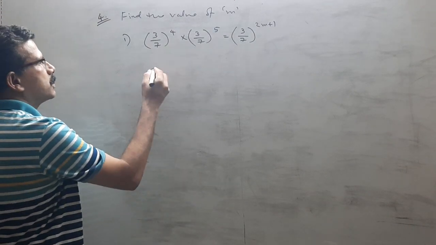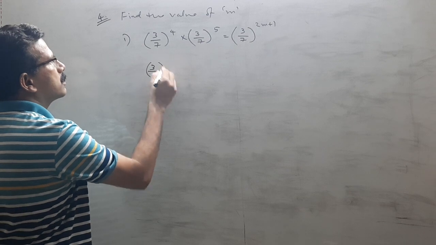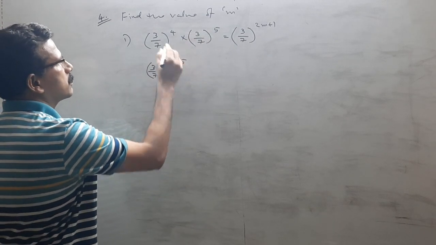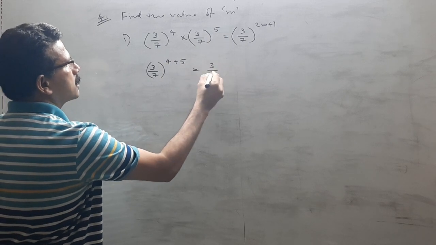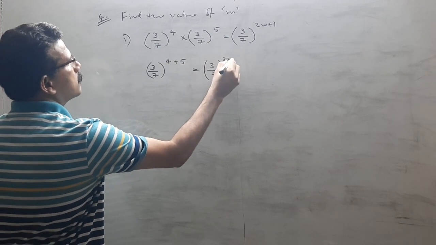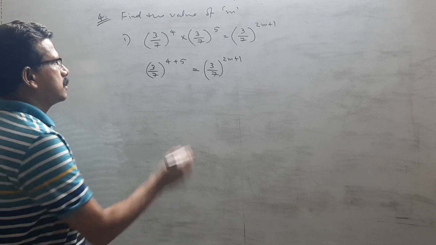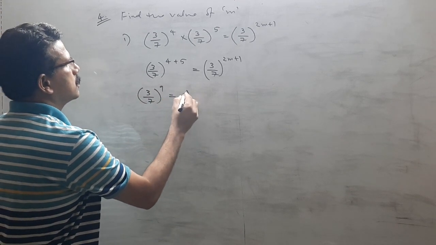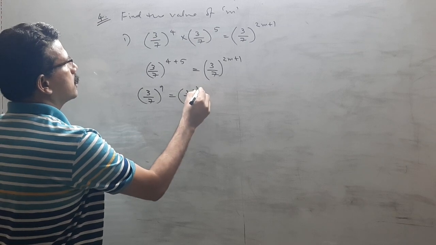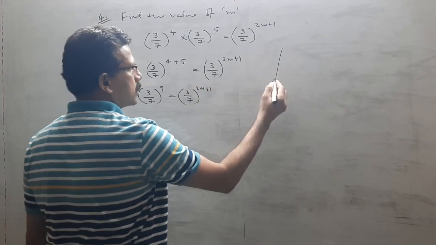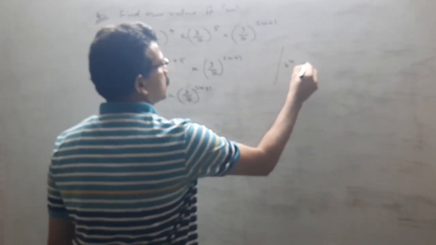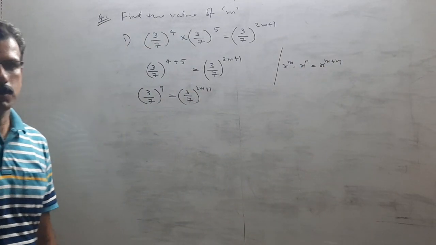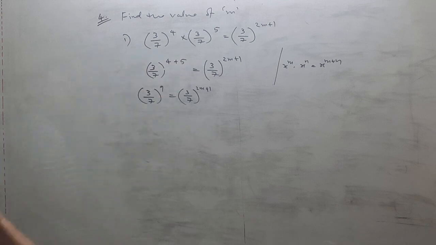Power will be getting combined, 3 by 7 to the power 4 plus 5, power is getting equal to 3 by 7 to the power 2m plus 1. That is same as 3 by 7 to the power 9 equal to 3 by 7 to the power 2m plus 1. The rule applied, if you want, you can write x to the power m into x to the power n equal to x to the power m plus n. Rule applied here. Power is getting added.